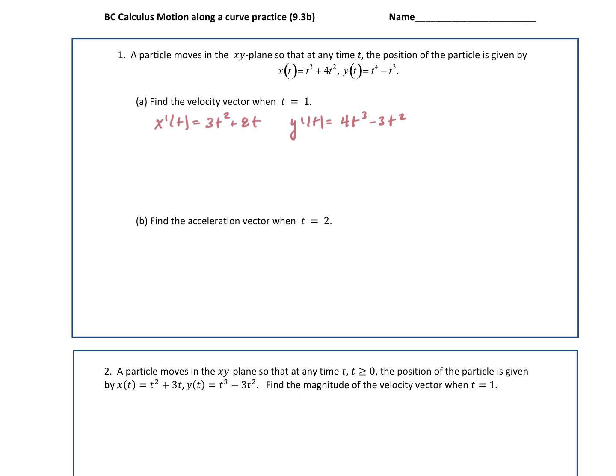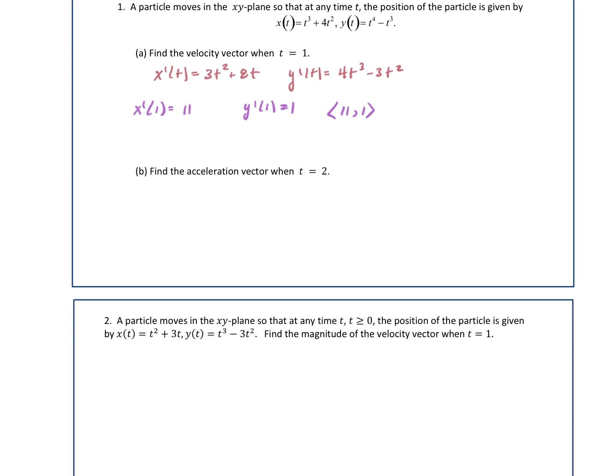So all I'm going to do is plug in the 1 for t. So x prime of 1, we're going to get 11, and then y prime of 1, we're going to get 1. So we'll get 11 comma 1 for the velocity vector.